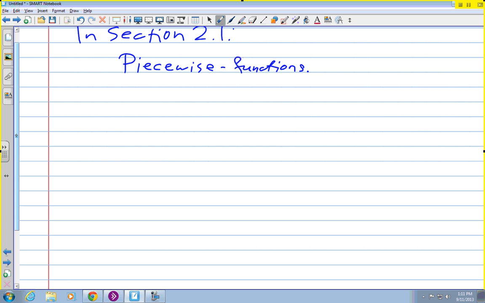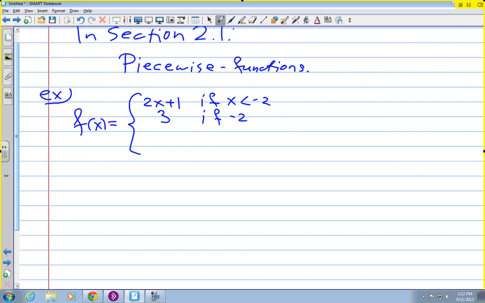If I throw in this example, f of x equals 2x plus 1 if x is less than -2, 3 if x is greater than or equal to -2 but less than 1, and how about -2x plus 5 if x is greater than or equal to 1.